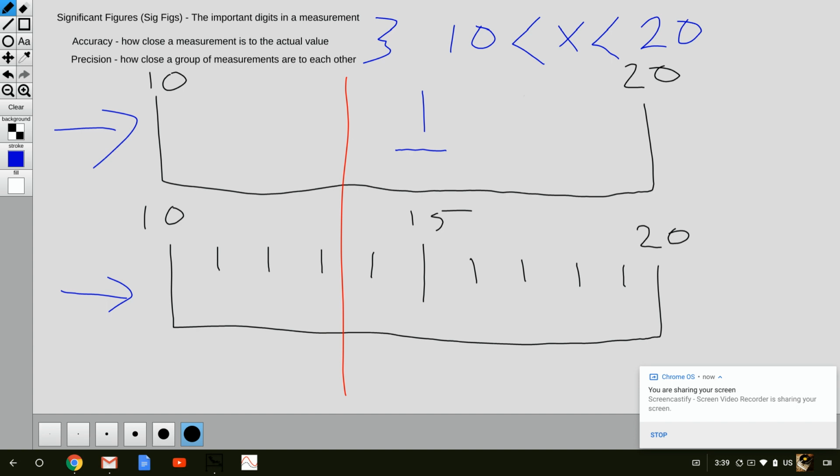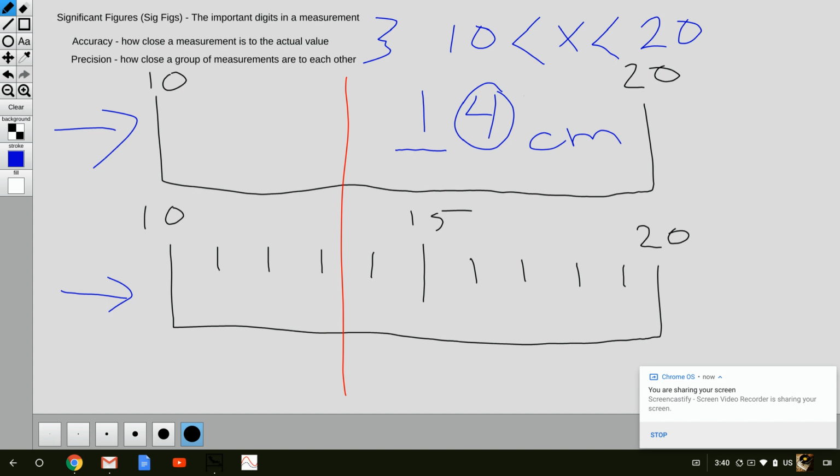If we cover up the bottom ruler and just look at the top one, the line looks like it's a little bit less than half, so somewhere around 13, 14-ish if you estimate. I'm going to estimate it at 14. I'm going to circle that and put some units on there, centimeters.